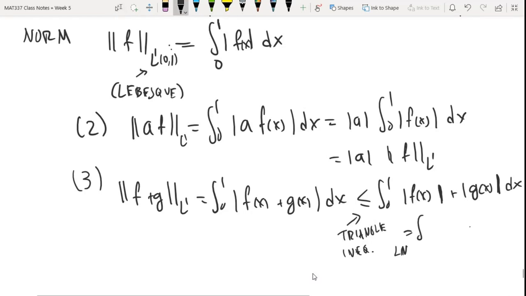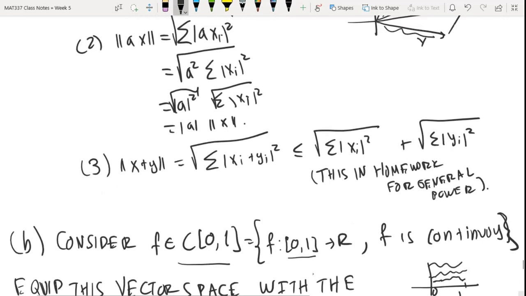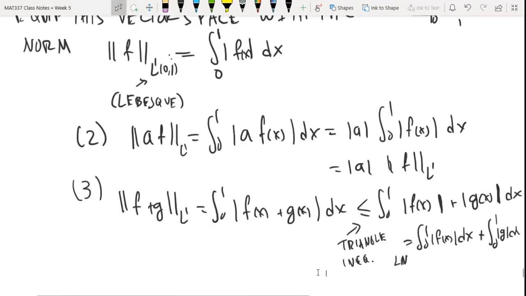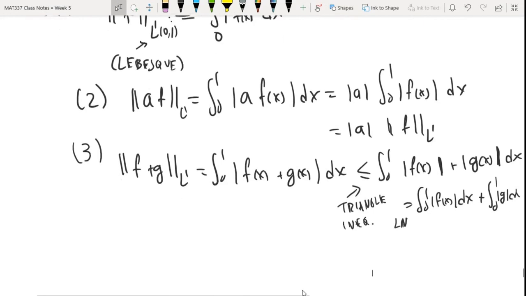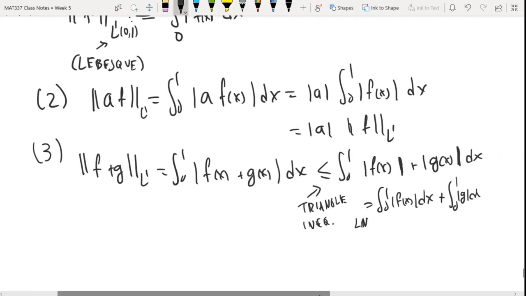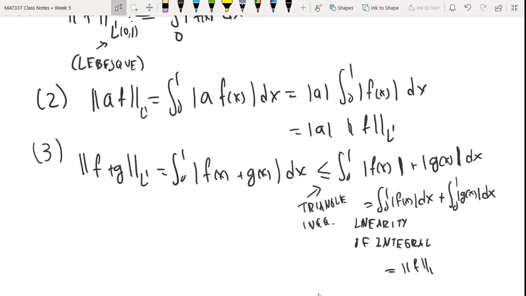Actually, let me do it. Like that. Linearity of the integral. Yeah, that's L1.